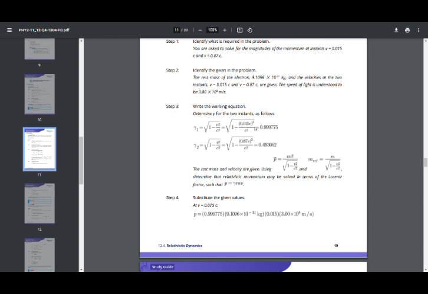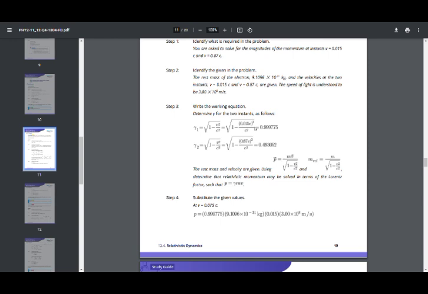O, diba? Madali lang siya. Puro substitute lang tayo. And then, sa next, yung sa number 2 na natin, yung B, kasi A tayo ganyan, ngayon B naman. So, ganun pa rin mangyayari. Substitute lang. Square root of 1 minus 0.87c squared over c squared is equal to 0.493052. Diba? Substitute lang tayo. Magdadali lang ito.